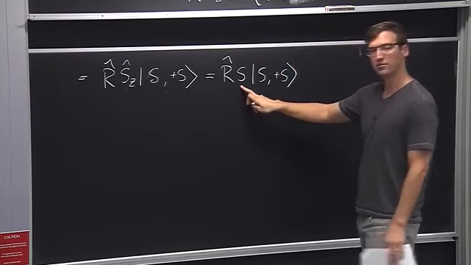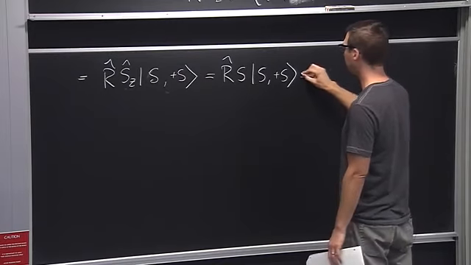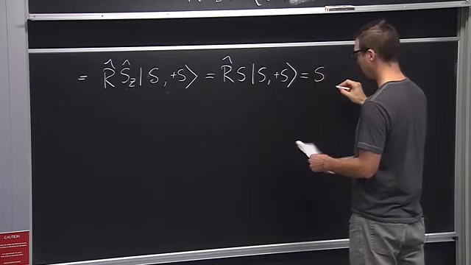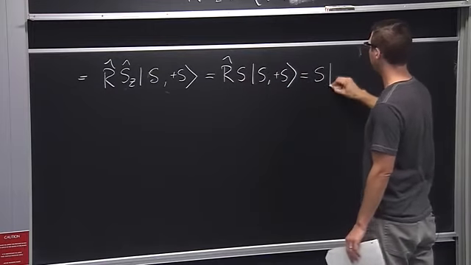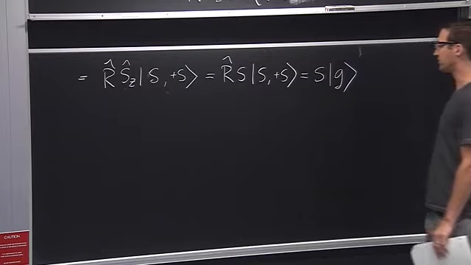And it's just a scalar now. It commutes through. So I should have S, R, which just gives me G.